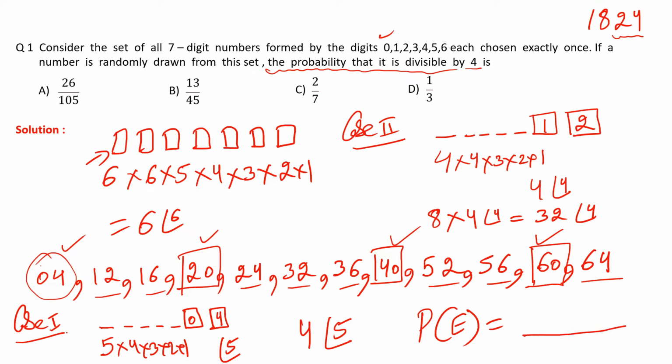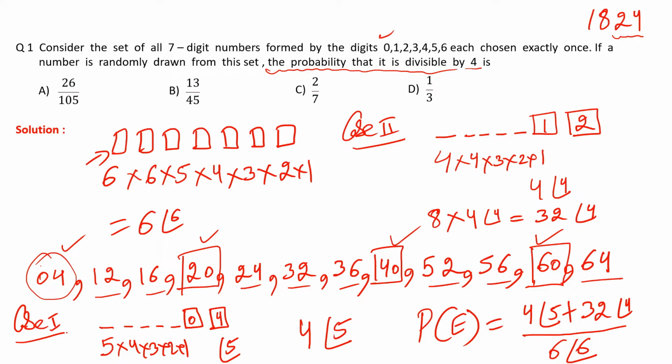So number of exhaustive cases is 6 into factorial 6, and number of favorable cases we have got as 4 into factorial 5 plus 32 into factorial 4. Now to make the calculations easier, what I am doing, I am dividing numerator and denominator by factorial 4, because factorial 4 is coming common from the numerator, and we can also take it out common from the denominator, because factorial 6 is nothing but 6 into 5 into factorial 4.